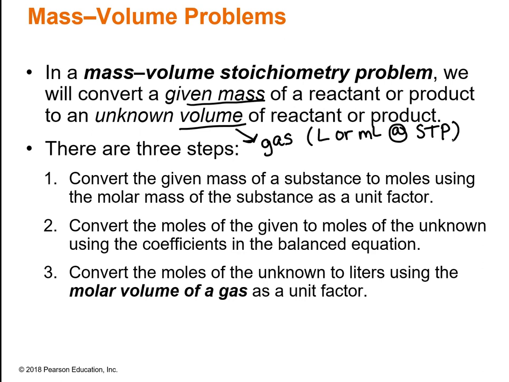If you see a question and you see the words volume, gas, liters or milliliters, you see STP, that clues you in that one of the things you're dealing with is going to be a volume. So you're going to deal with volume and then either mass or another volume, which we'll get to probably next class. There are 3 steps, just like before, and I'm going to break them down a similar way.